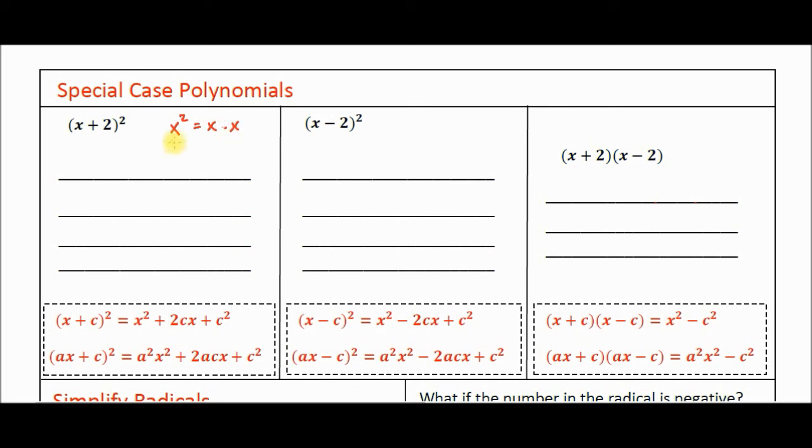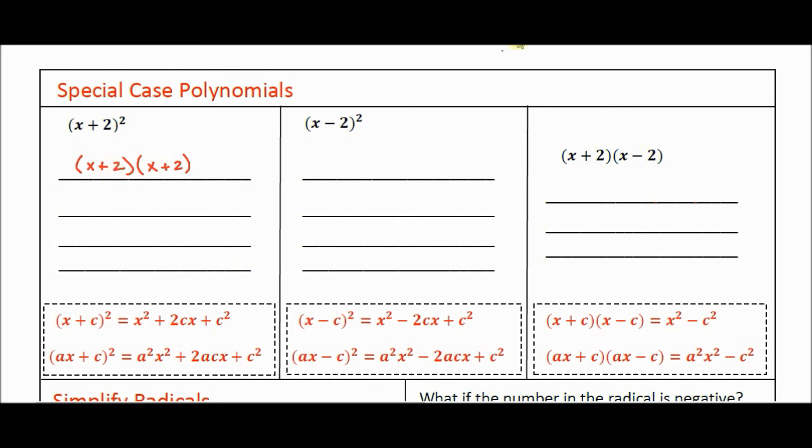It means write the value of x twice and multiply them together. Same thing here on this question. X plus 2 quantity squared just means take the binomial x plus 2 and write it down twice and multiply the two binomials together. So x plus 2 quantity squared means x plus 2 times x plus 2.